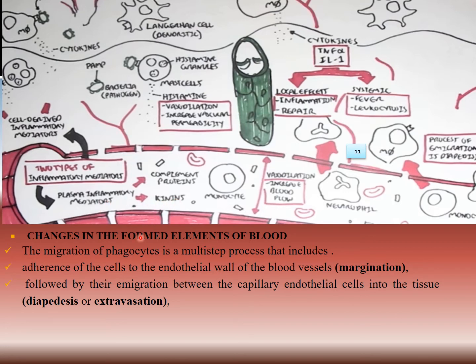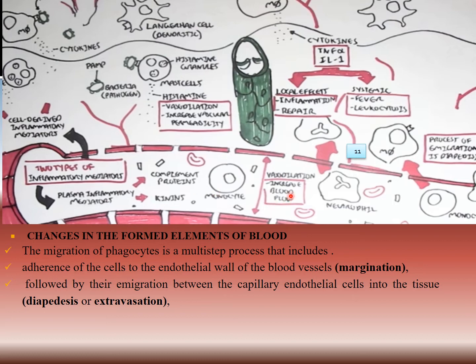Other events are vascular, the change in the formed elements of blood. The migration of phagocytes is a multi-step process. Because of the effect of cytokines, the inflammatory mediators, which function as chemotaxis, they start attracting immune cells from the inside of the capillary wall, causing migration.